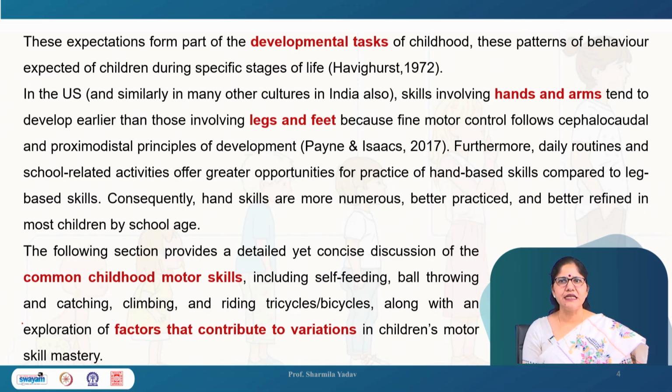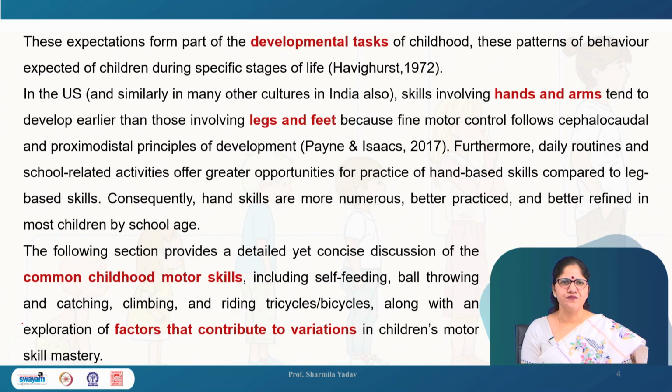Furthermore, daily routines and school-related activities offer greater opportunities for practice of hand-based skills compared to leg-based skills. Consequently, hand skills are more numerous, better practiced, and better refined in most children by the age when they go to school.